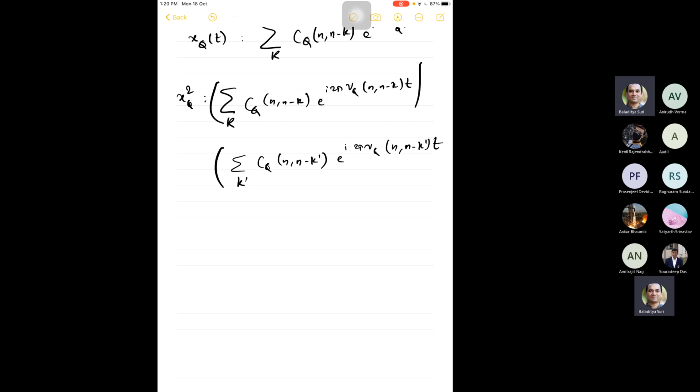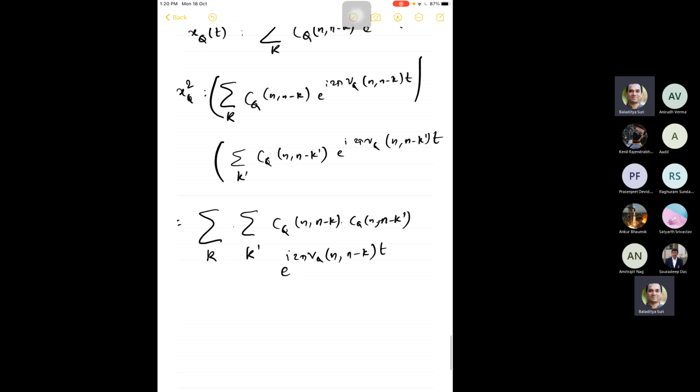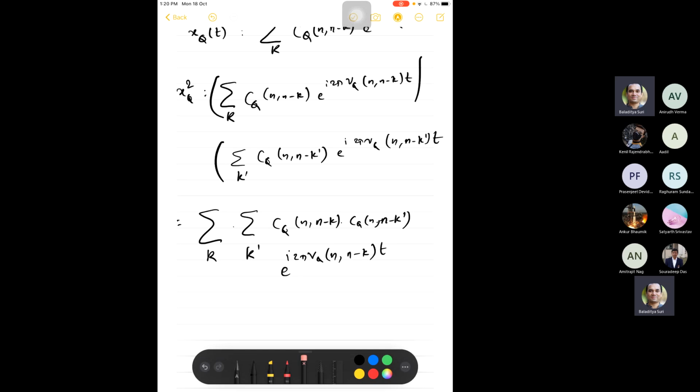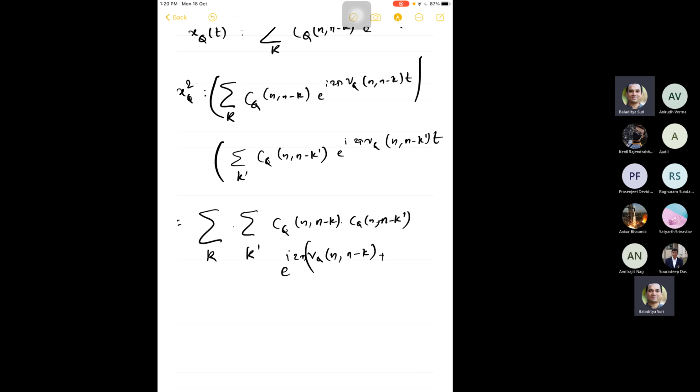And now I multiply: summation over k' of c_q(n-k) times c_q(n-k') times e^(i2π ν_q(n-k) t) plus ν_q(n-k') t.